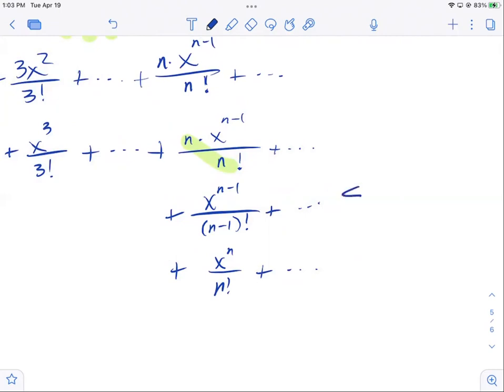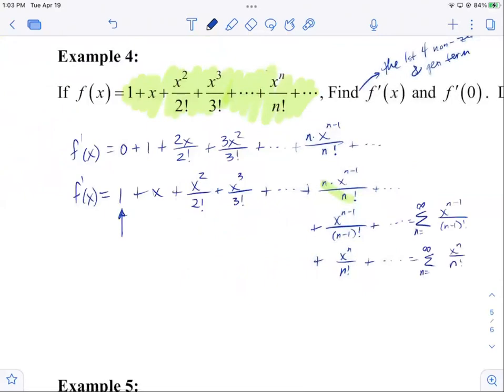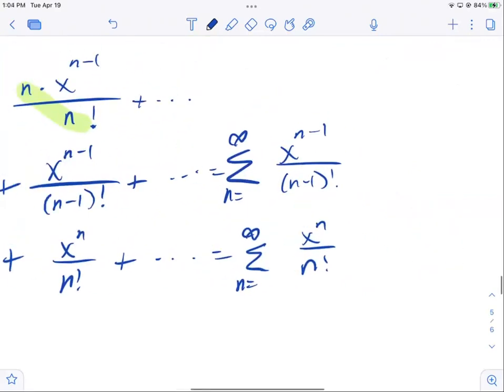What's different is when we collapse it down, right? This one would be x to the n minus 1 over n minus 1 factorial. This one, if we simplify, would be x to the n over n factorial. Both of them start with n equals something to infinity. But in order to capture the first term of 1, this one needs to start at 1, and this one needs to start at 0. See that?